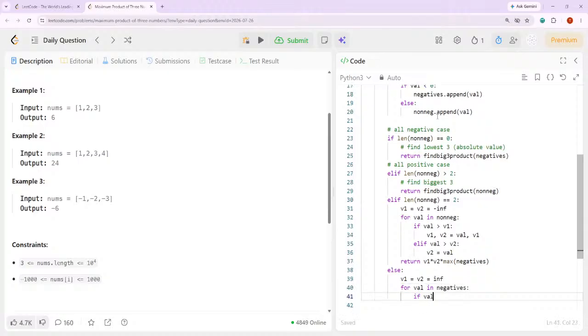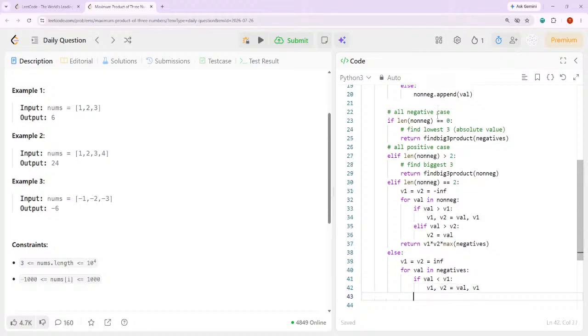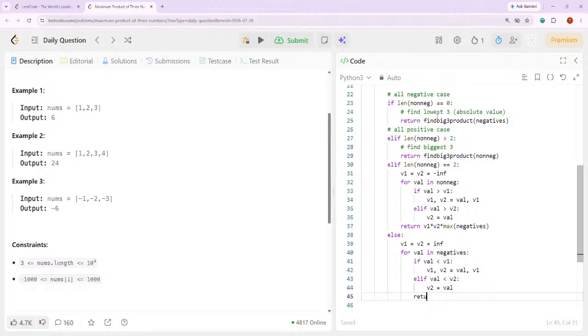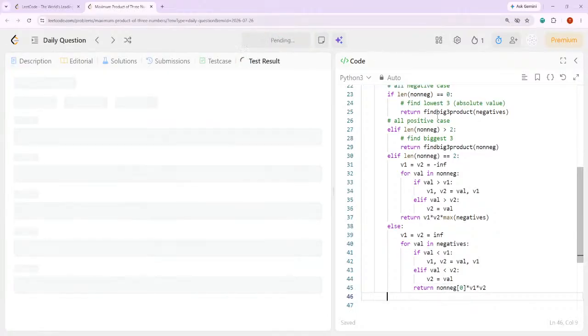If the value is smaller than V1, V1, V2 is now equal to the value, V1, else if the value is smaller than V2, V2 equals the value. Return, there's only one value in the non-negative, so non-negative is 0 times V1 times V2. That should be all the cases.